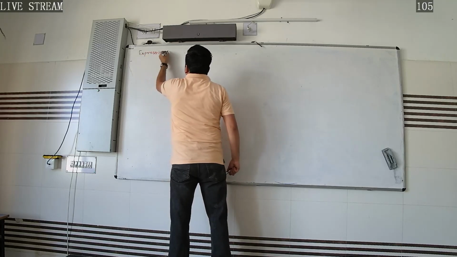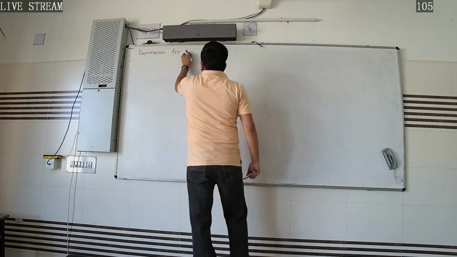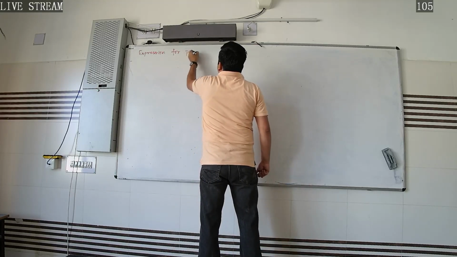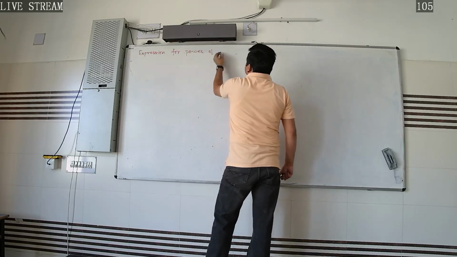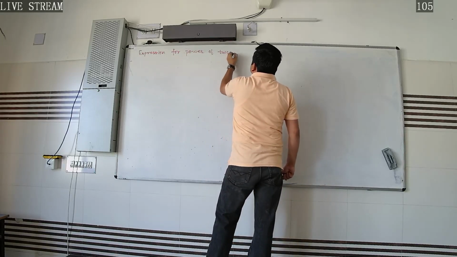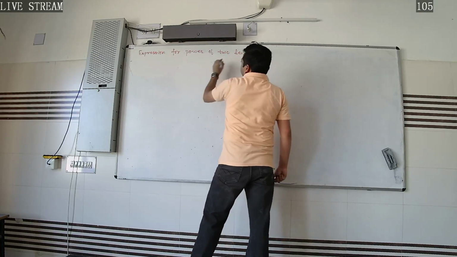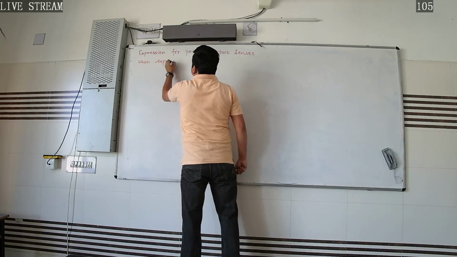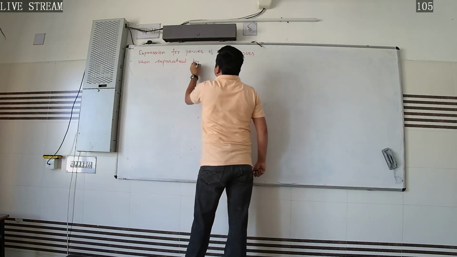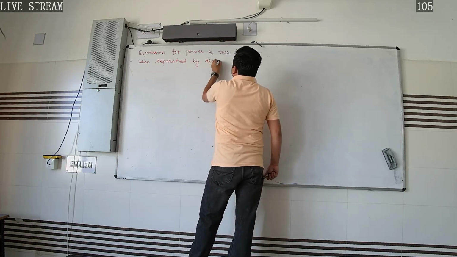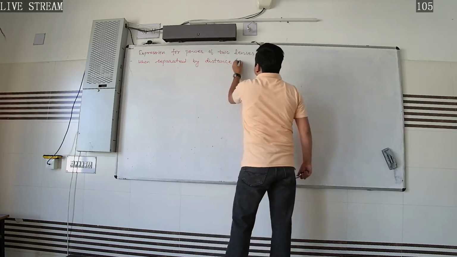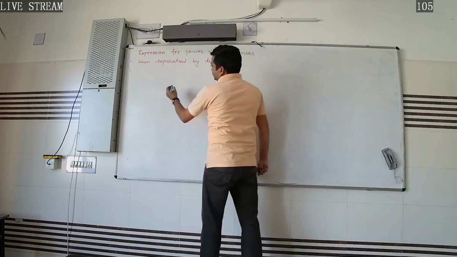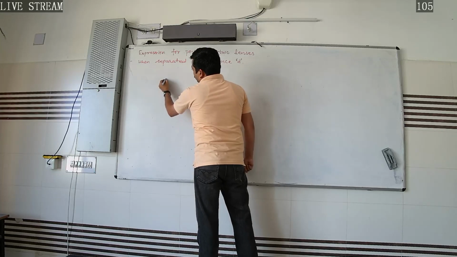Expression for equivalent power of two lenses when separated by distance small d.